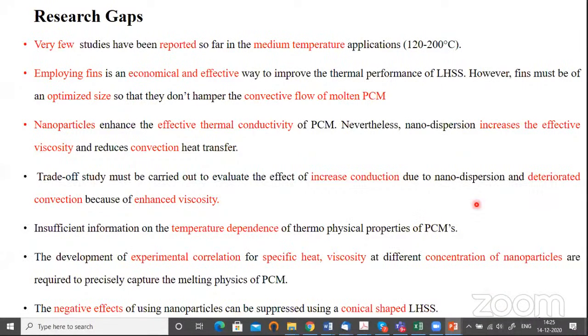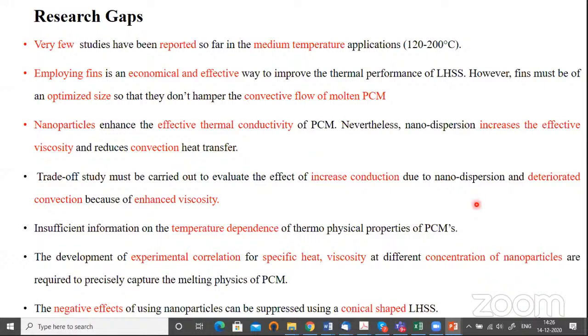Yeah, there are various trade-off studies to be carried out to find out the effect of increased conduction due to nanodispersion and deterioration in the convection due to enhanced viscosity.